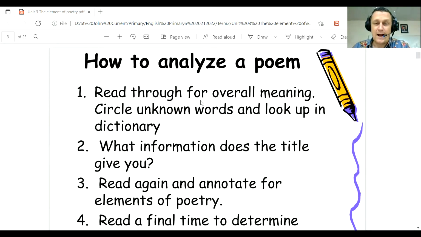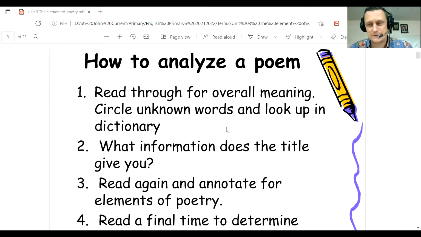Okay, now, how to analyze a poem? Well, we're not data analysts, so we analyze in a different way. You try to understand all the words that you don't know. You can find them in the dictionary. But which meaning? Yeah, you have to figure that out. You have to be a little bit creative and a little bit brave, because many words have many different meanings, and you should figure out which one applies most.